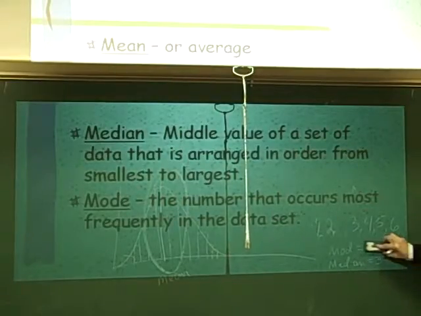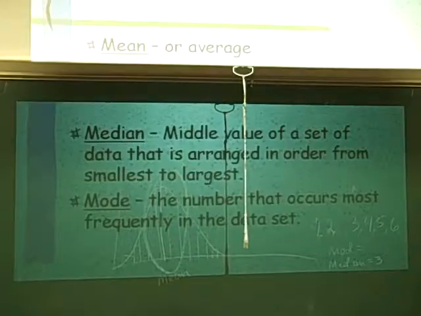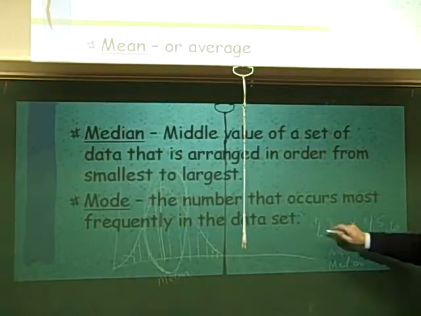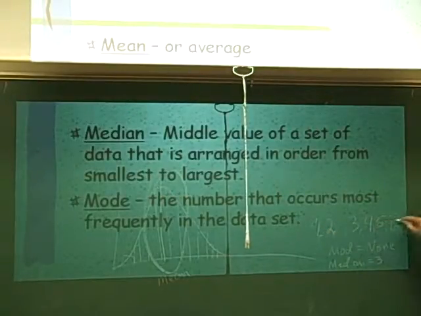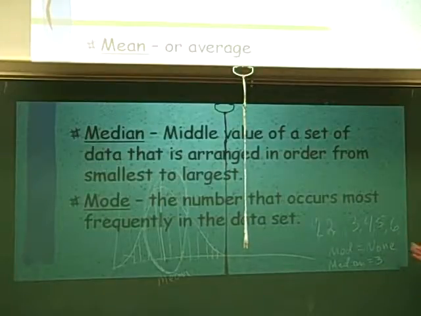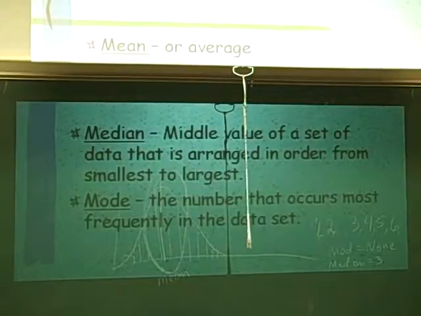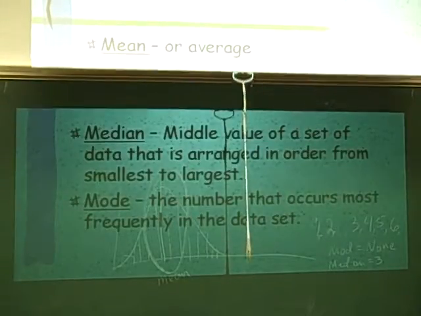In that case, there would be no mode; our mode would be none, because nothing sticks out in frequency. If you had 2 1s, 2 2s, 2 3s, 2 4s, 2 5s, 2 6s, same thing. Your mode would be none. Any questions with that?